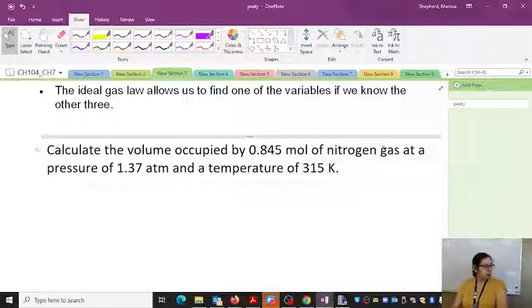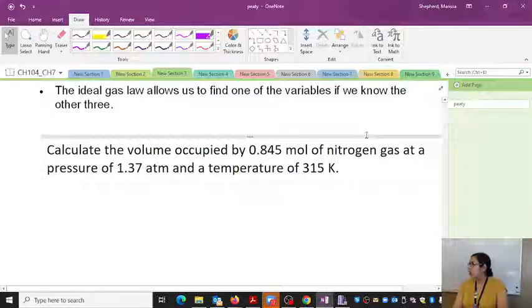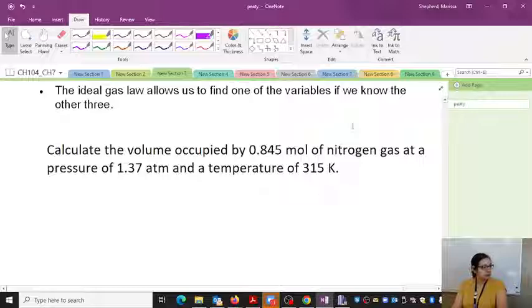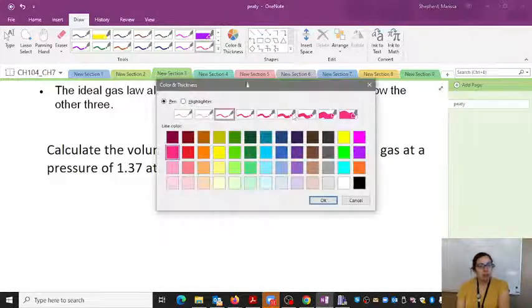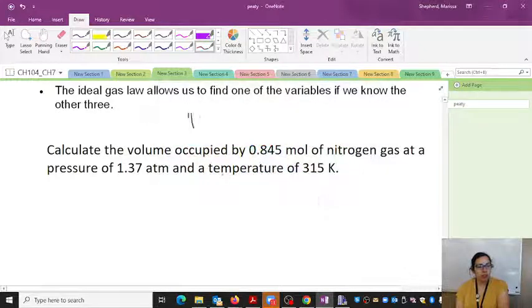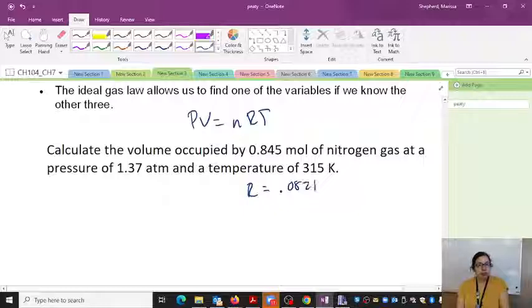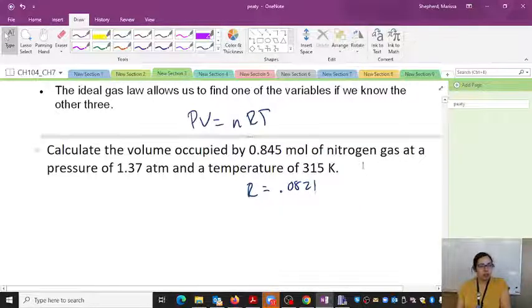What formula do we want to use? Can we just use PV equals nRT? Yep, let's do that one. Pressure's already in atm, that's good. We're already in moles, so we just need our R, 0.0821. And we're trying to solve for volume.